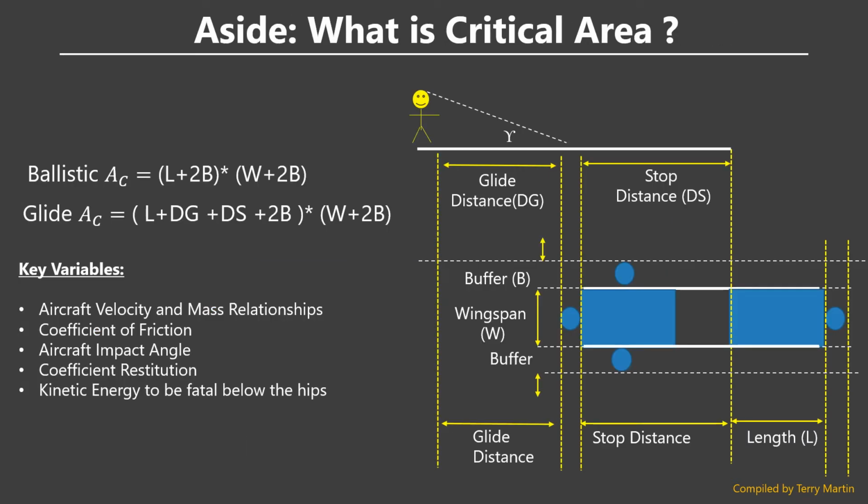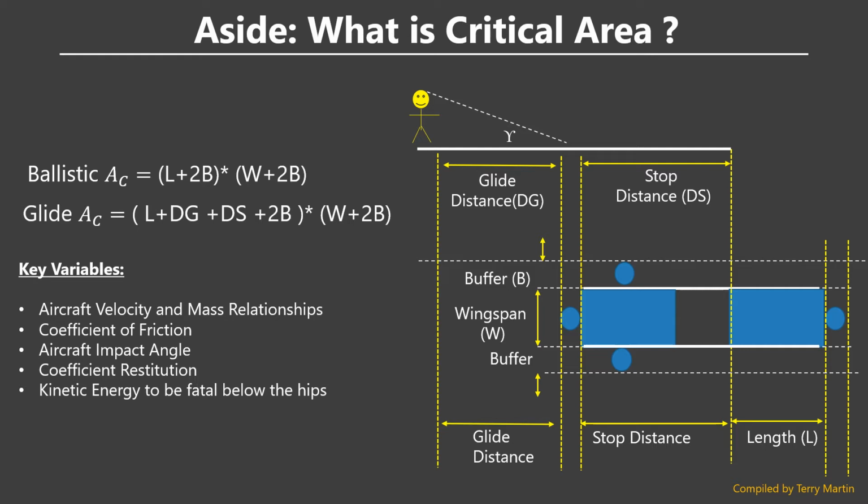A little more on critical area. As I mentioned, critical area is a combination of the glide from the height of an average person plus the stopping distance for the aircraft when it hits the ground, with some extra buffering on either side of the aircraft and at the end to take into consideration the dimensions of the platform.